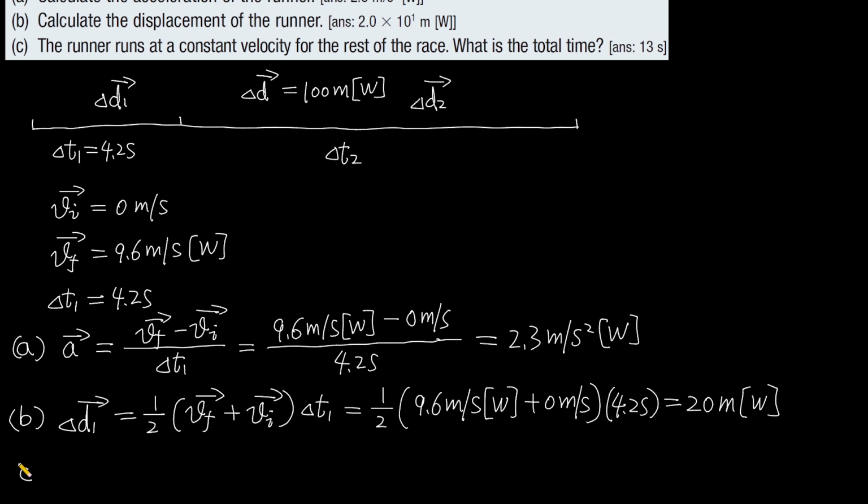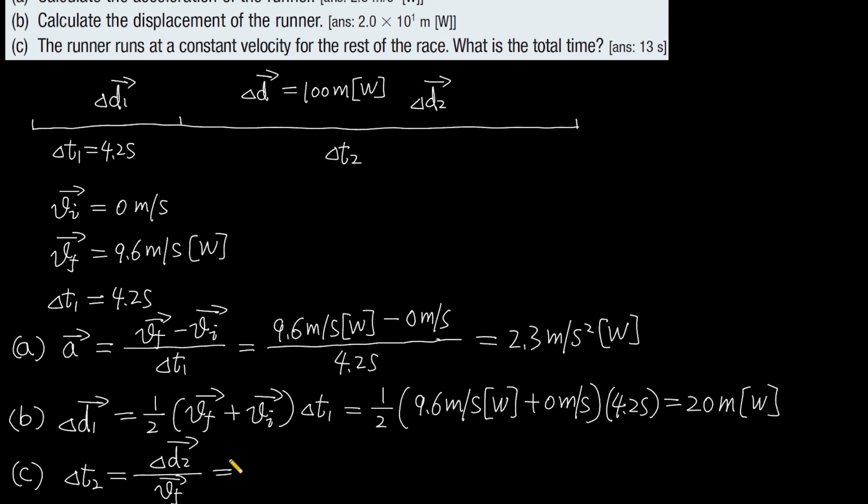And question C, it asks for the total time. So the total time equals the time interval 1 plus time interval 2. Now we already know time interval 1, so we should find time interval 2. So time interval 2 equals the displacement 2 divided by the final velocity.